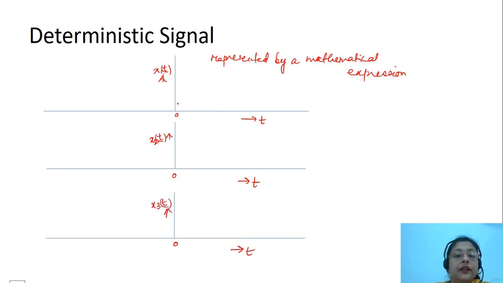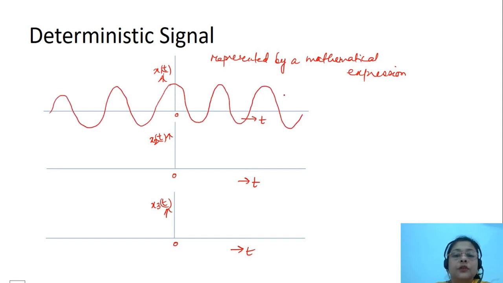So if we draw it like this, so this signal is a cos signal. So this is a deterministic signal. It can be represented by a mathematical equation.